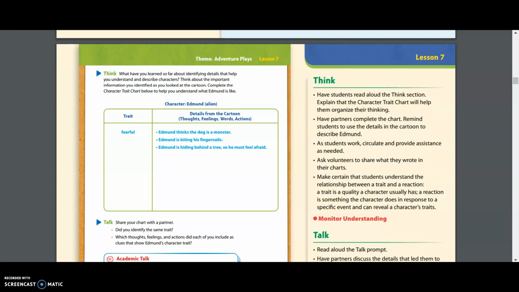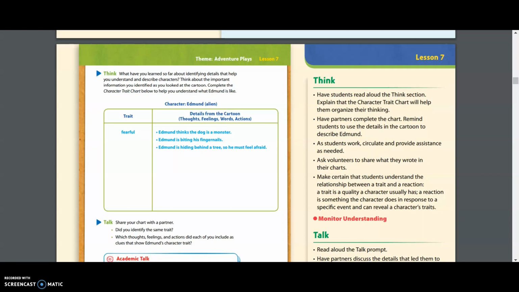One of the aliens looked very confident. That was one of the words that we could have used as a trait. While the other one, our main alien, Edmund, looked a little bit fearful. So he filled out the graphic organizer that you see before you on your screen, showing that Edmund was fearful. That was what we listed as a character trait, a unique way to describe that character.